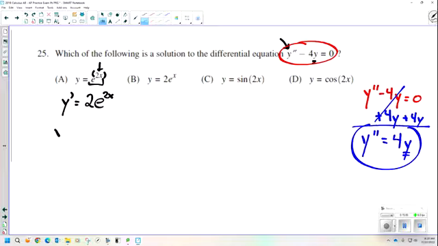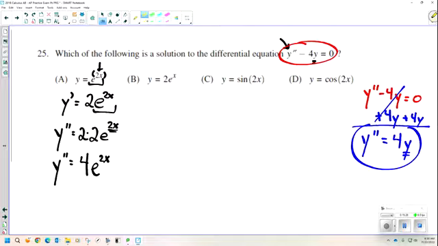What's the second derivative? Well, it's 2 times the derivative of e to the 2x. The derivative of e to the 2x is e to the 2x times the derivative of the exponent, which again is 2. So if I clean this up, I get 4e to the 2x.